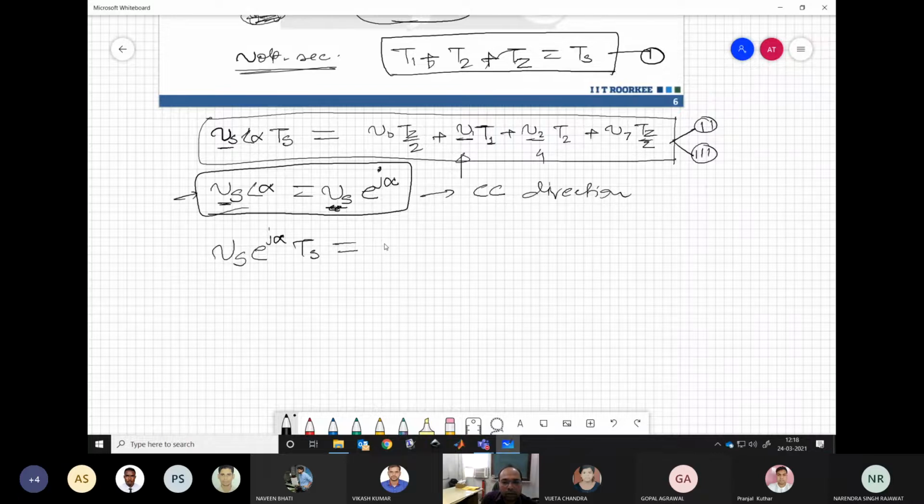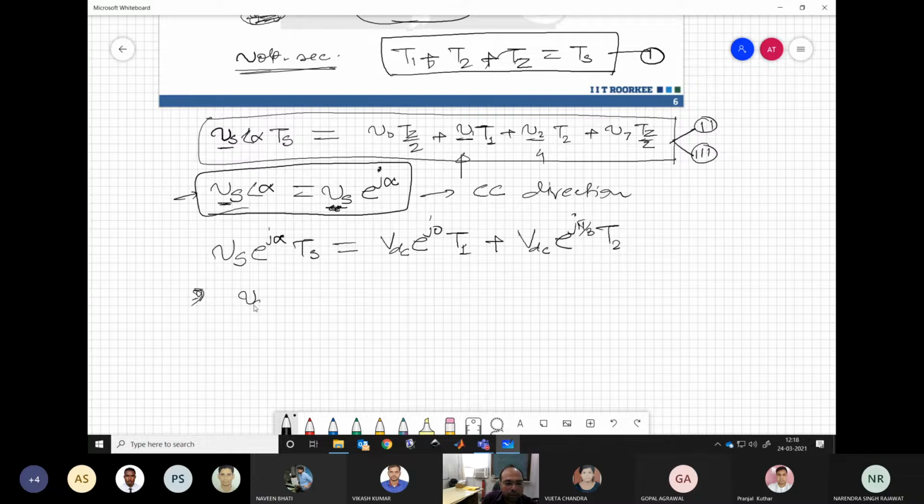V0 is 0, so we have remaining V1. V1 is nothing but VDC, the magnitude, with angle 0, so e raised to the power 0 times T1, plus we have V2, which has magnitude VDC and angle 60 degrees, so e raised to the power j pi by 3 times T2. Again V7 is 0. So in this we have T1 and T2 clearly distinguished.